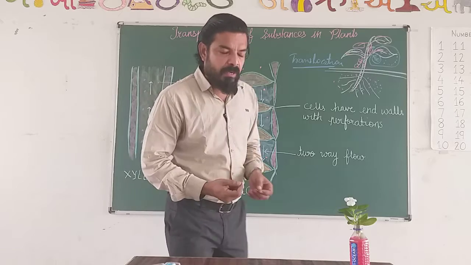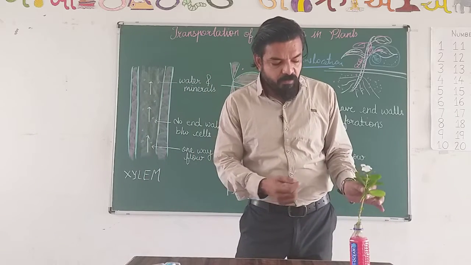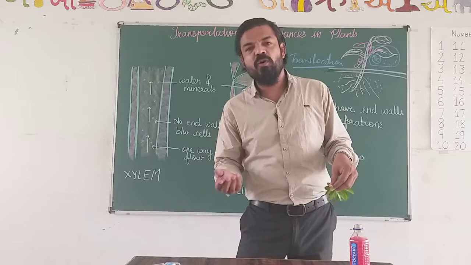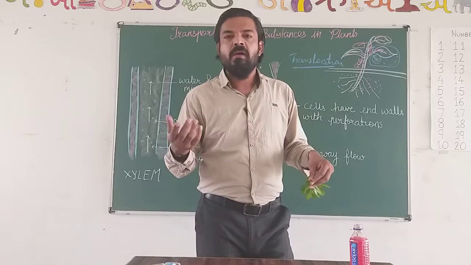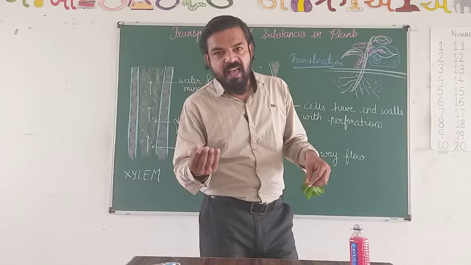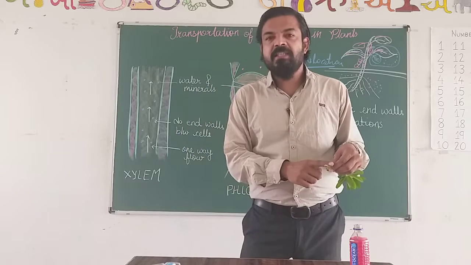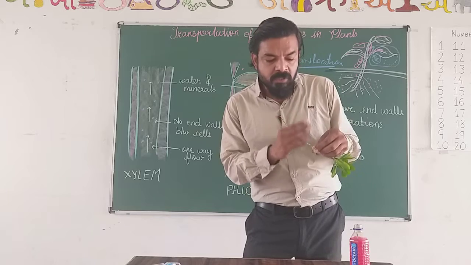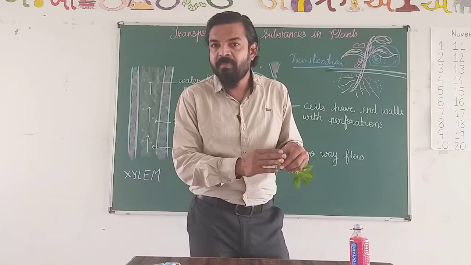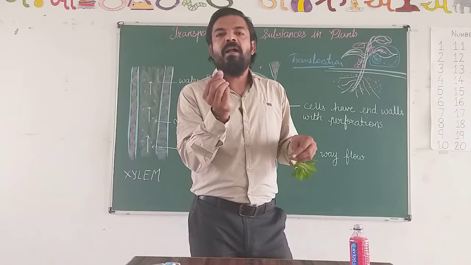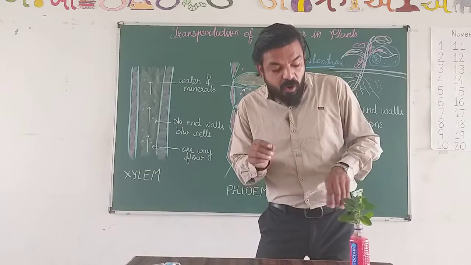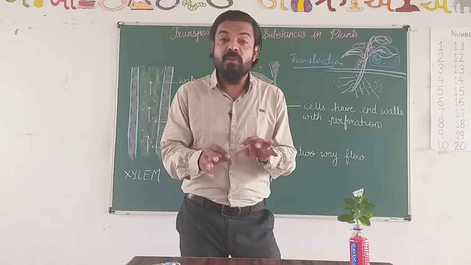The best example. Now, if you have any experiment you want to do on the microscope in the 9th standard, we will do the microscopic examination. We'll cut a transection of this tissue, or sorry, this is a root, a stem, and we'll take a small part of this stem and we'll observe it in the microscope.